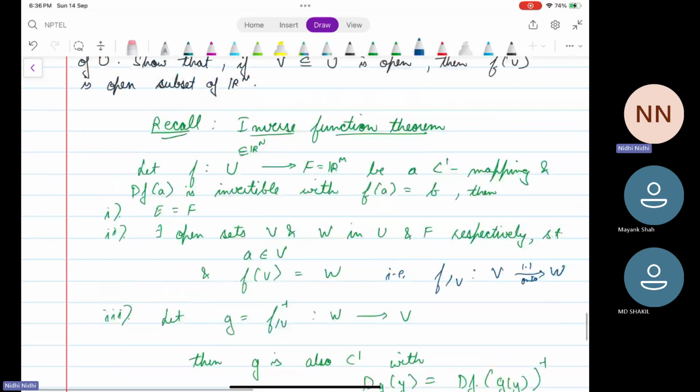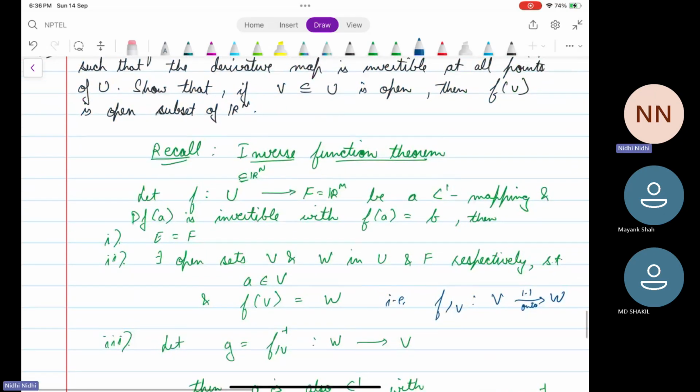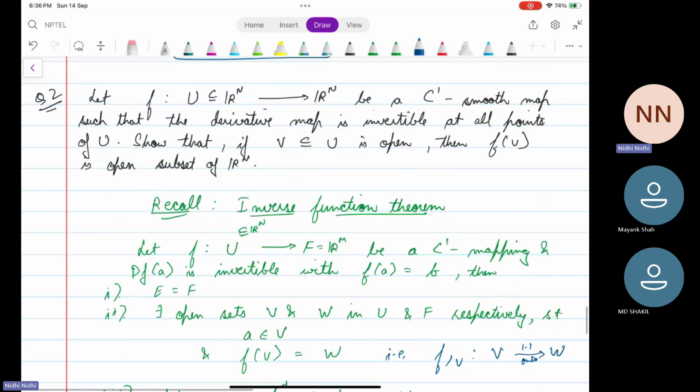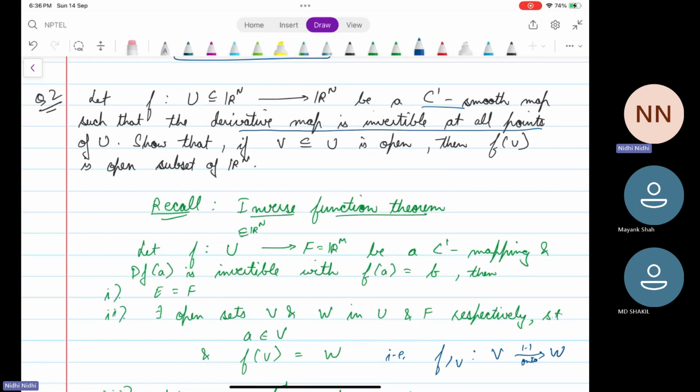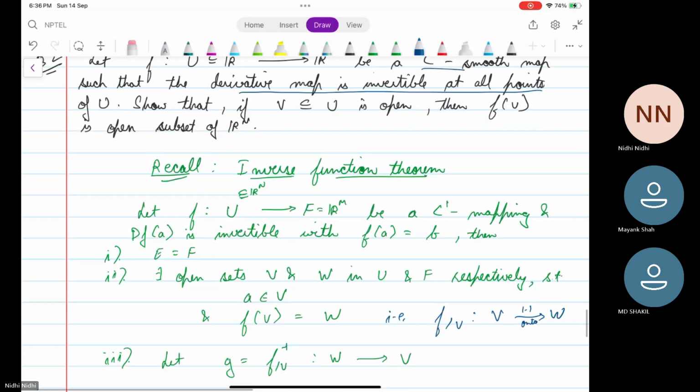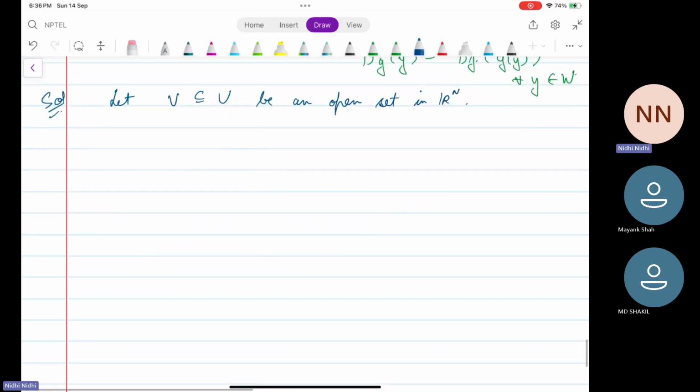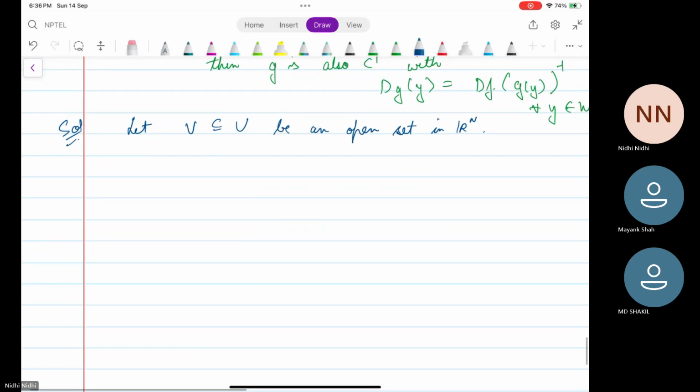Now since f is a C1 mapping, we are given that f is C1 and df is invertible for all points of V. So by the inverse function theorem, we have from Rn to Rn. Then we claim that this f(V) is open in Rn.